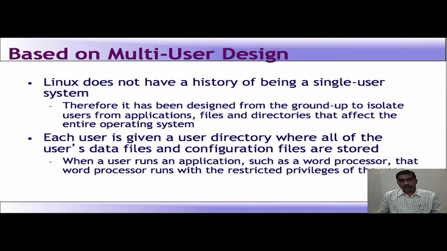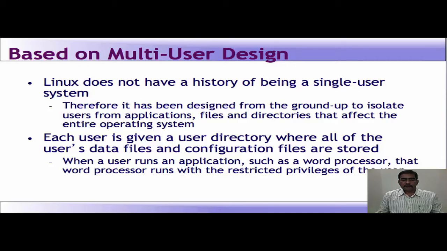Linux does not basically have a history of being a single-user system. Therefore, it has been designed from the ground up to isolate the user from applications, files, and directories that affect the entire operating system. Each user is given a user directory where all of the user's data files and configuration files are stored.